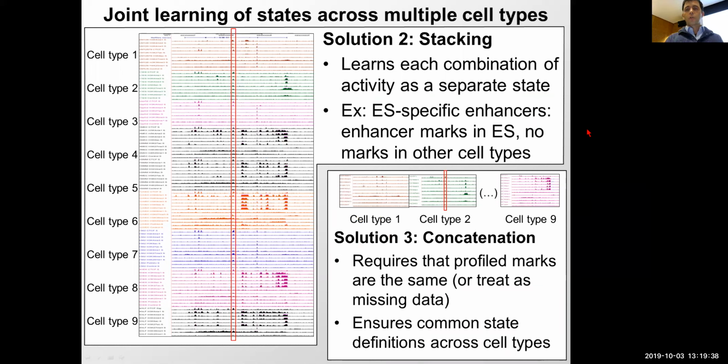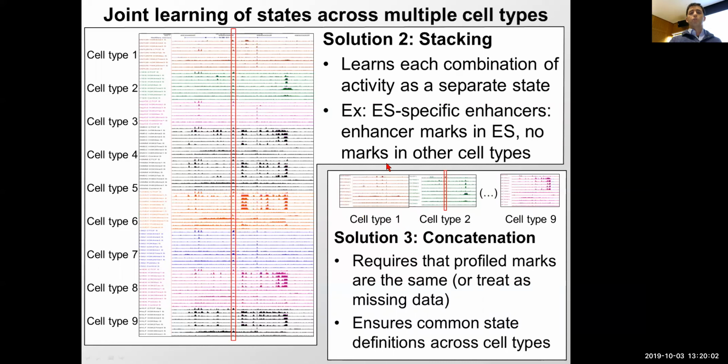Okay? So you can basically concatenate the genomes of the different cell types and then learn chromatin states jointly. And we're already doing that in a way. We have 23 chromosomes, so we're concatenating all the chromosomes and then learning chromatin states on those. Might as well concatenate all of the chromosomes of all of the cell types. Okay? Who can see the difference between those two?